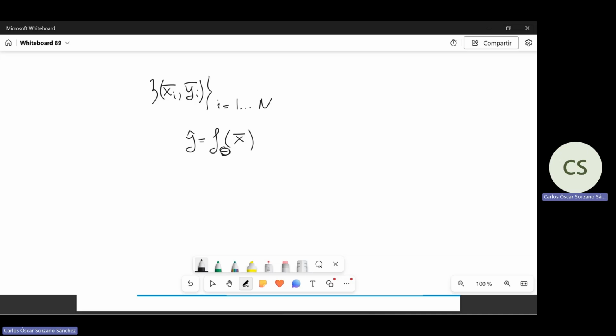And the parameters of that function are this theta, that are the weights of the neural network.